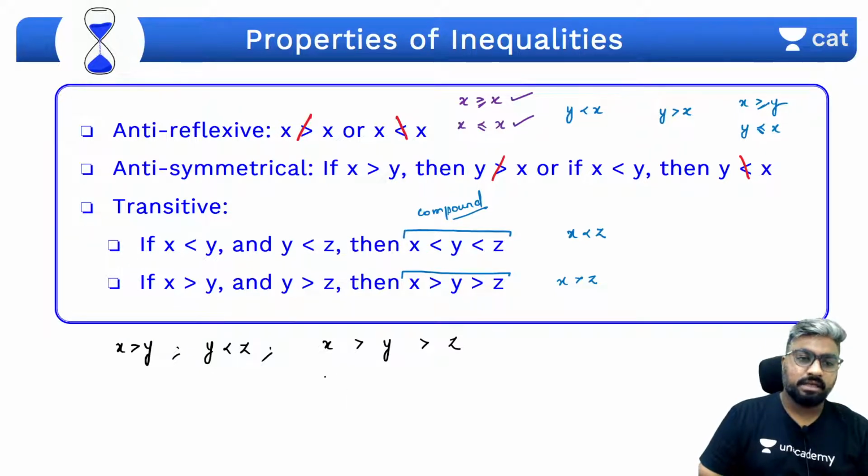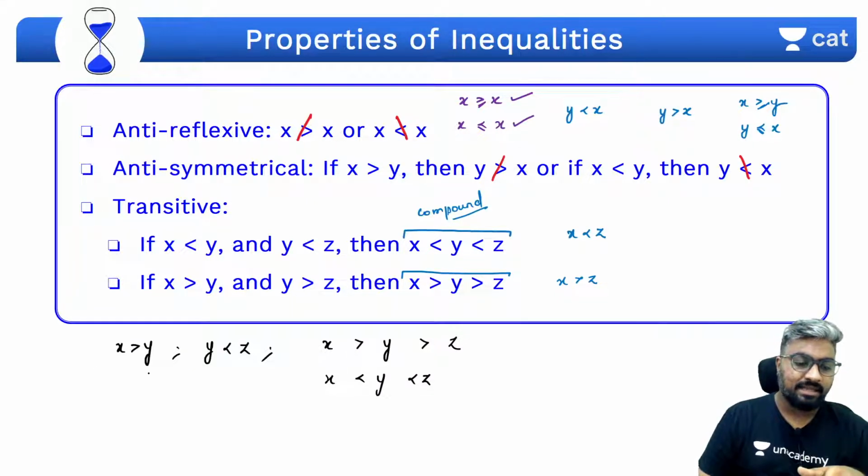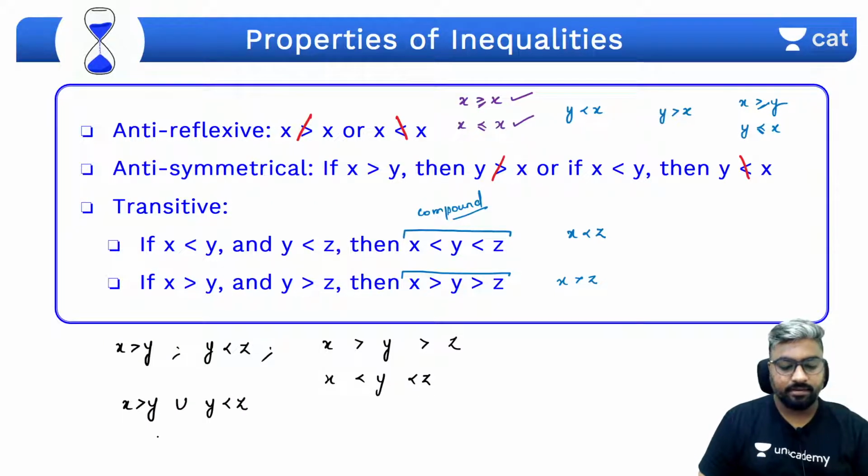Definitely not. Is this true? x less than y, y less than z? No. So the only way to say that x is greater than y and y is less than z is if I use union. Yes, x greater than y, union y less than z. Clear? Everyone?